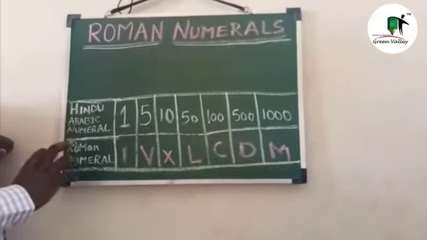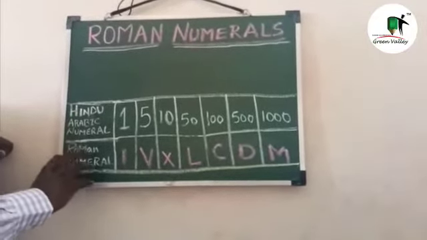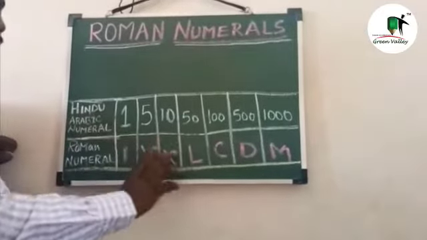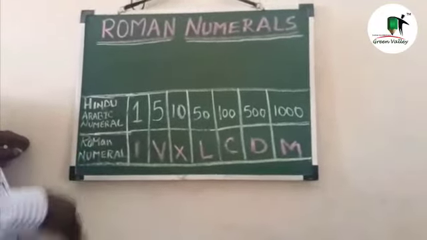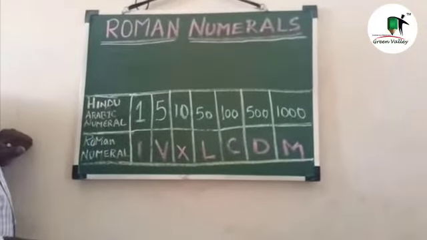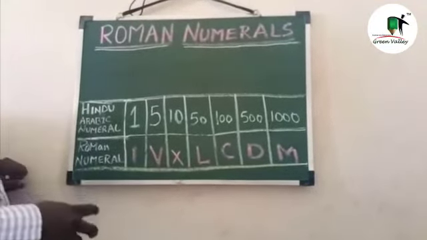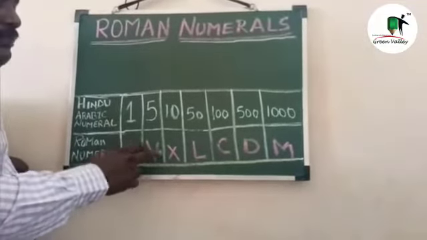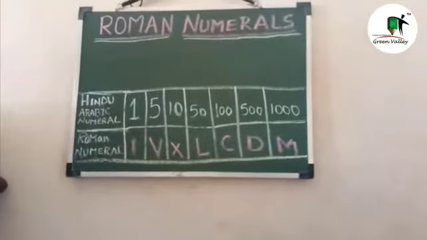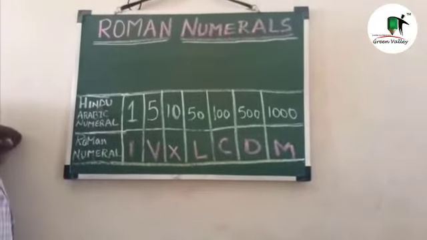These Roman numerals are I, V, X, L, C, D, M. These 7 letters give the complete Roman number system. Let us learn the value of I, V, X, L, C, D, M in the Hindu Arabic system.